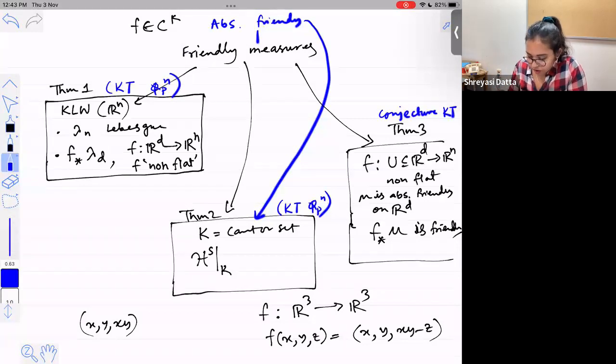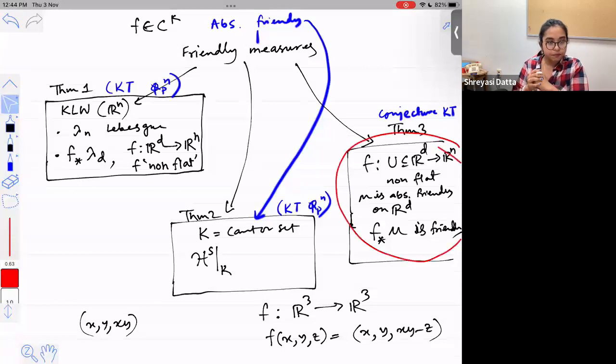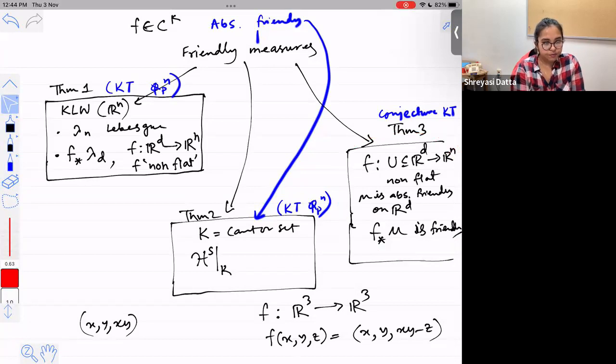The proof for Lebesgue measure is not the same as the proof for this kind of absolutely friendly measures. You can think about fractal measures, and if you take the push forward of them, then the proof uses the mean value theorem very extensively. So it's not at all clear how the proof in the case of R would work for this kind of setup. Is there any question?